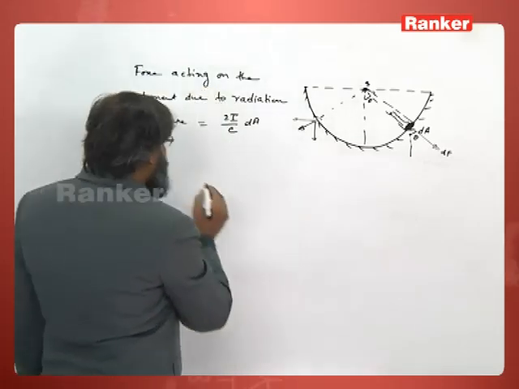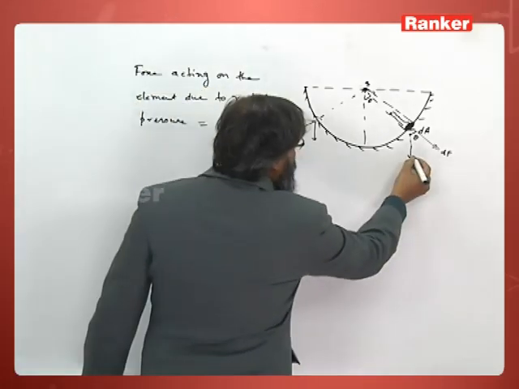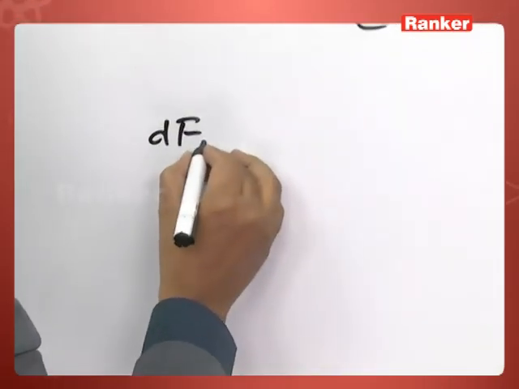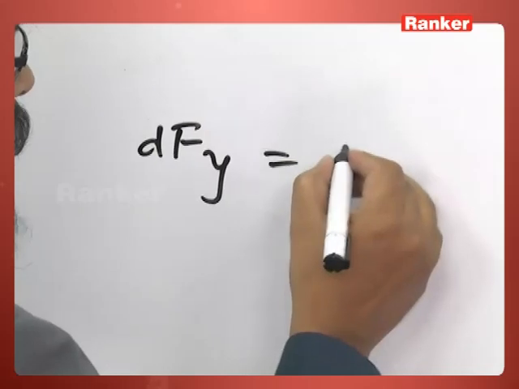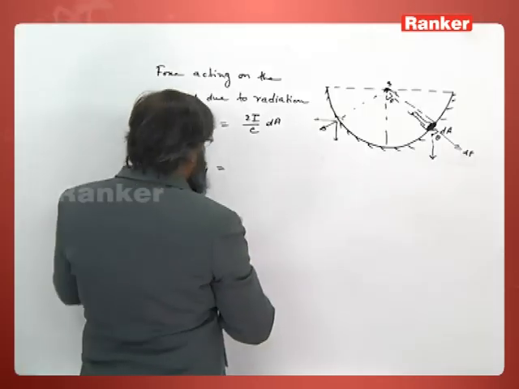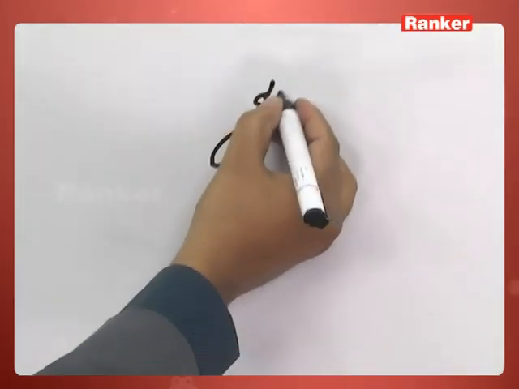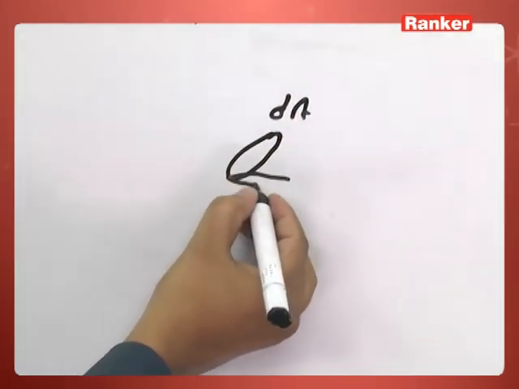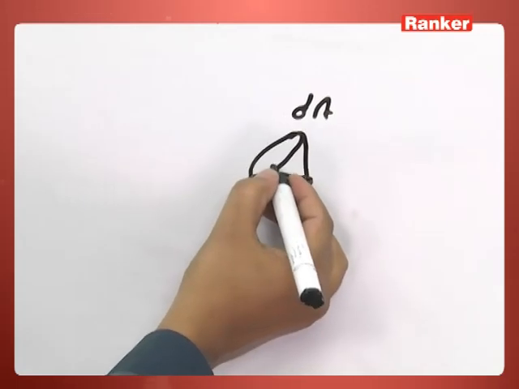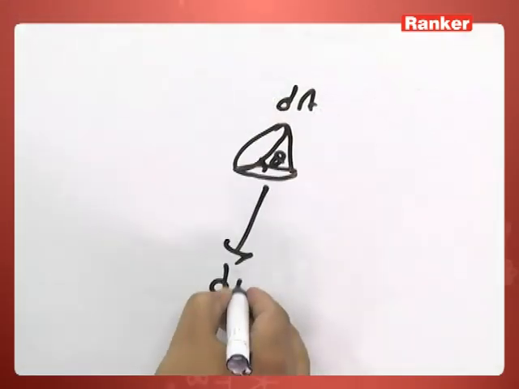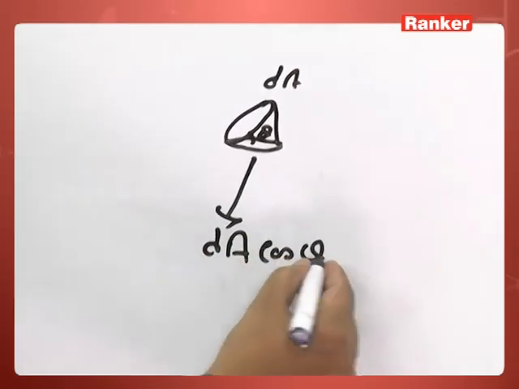So now we are interested in only this component, that is dF along the y axis. Suppose this is the area dA, and this angle is theta, so its projection on this is going to be dA cos theta.